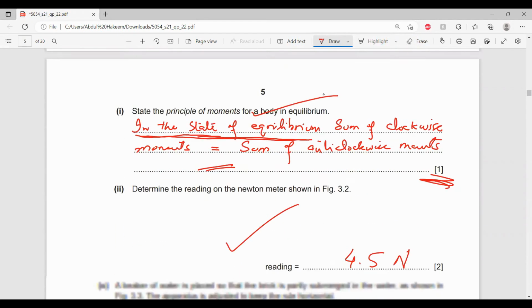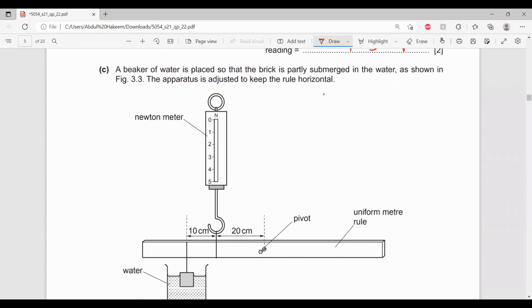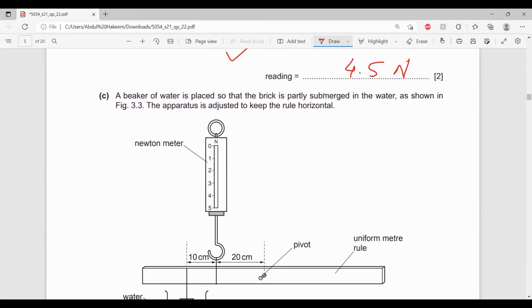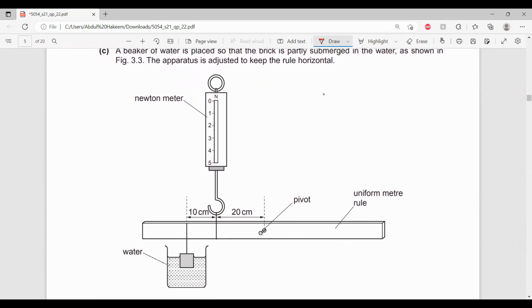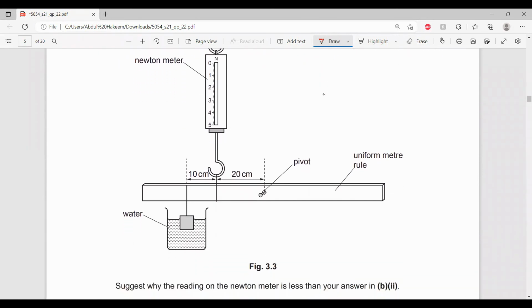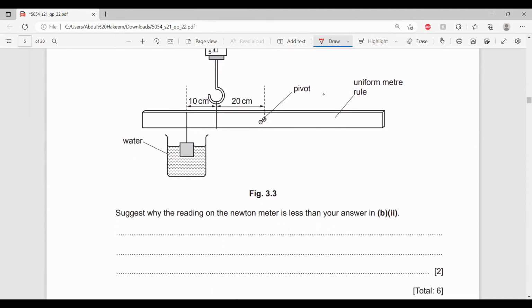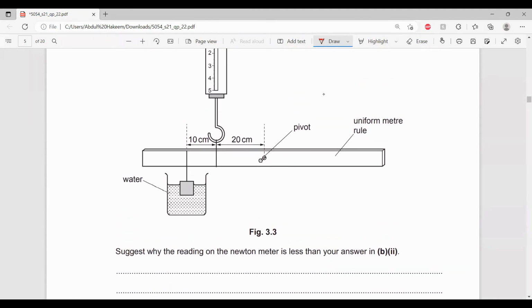Next, a beaker of water is placed so that the brick is partially submerged in the water as shown in the figure. The apparatus is adjusted to keep the rule horizontal. Okay. Suggest why the reading on the Newton meter is less than the answer. Look, this water is exerting force upward, which is called the thrust.